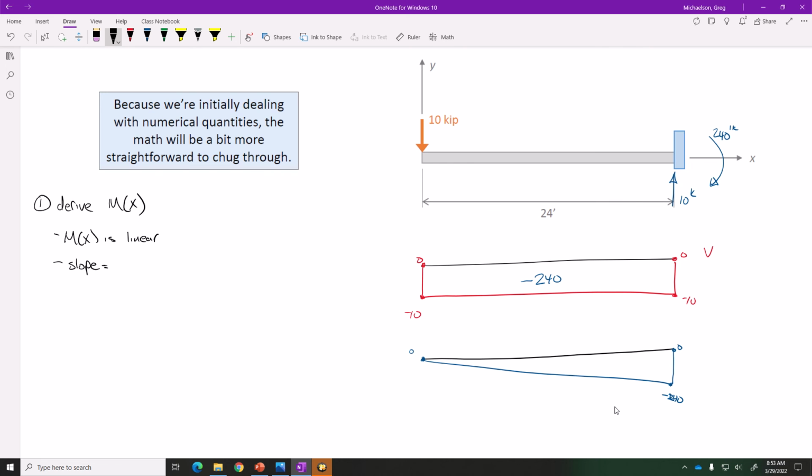Well, how do we determine the slope of a moment diagram? Maybe we look at the shear diagram. The slope of the moment diagram is the value of the shear diagram.